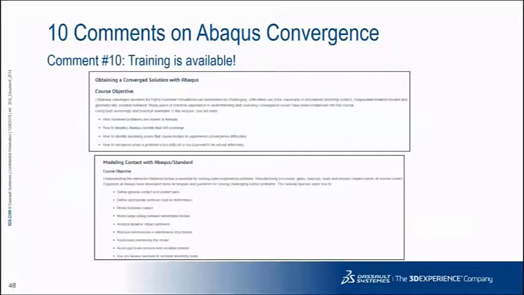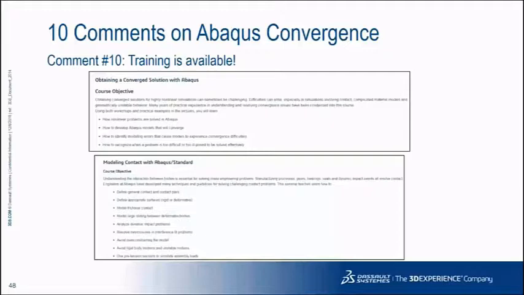Finally, the last comment is that training is available. If you're interested in convergence in Abaqus Standard, there's a class called Obtaining a Converged Solution with Abaqus. There's a class on Contact in Abaqus Standard. There's now an official combined class. The actual name of it escapes me at the moment, but it's a combination of these two classes you can sign up for.